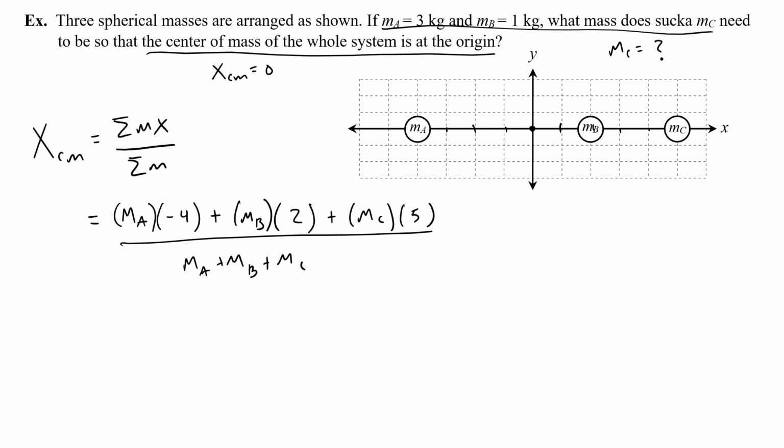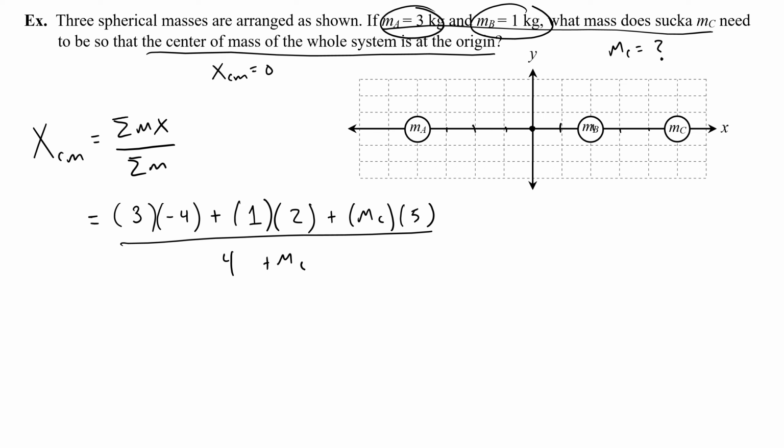Okay, now if I think about this problem by entering in these masses, I'm going to ignore the units for now, but for mass A, I'm going to put in 3. And for mass B, I've got a 1. And I could combine these two and say 4 plus M_C, but there's a really interesting trick to this problem, and that is that the center of mass is equal to 0.